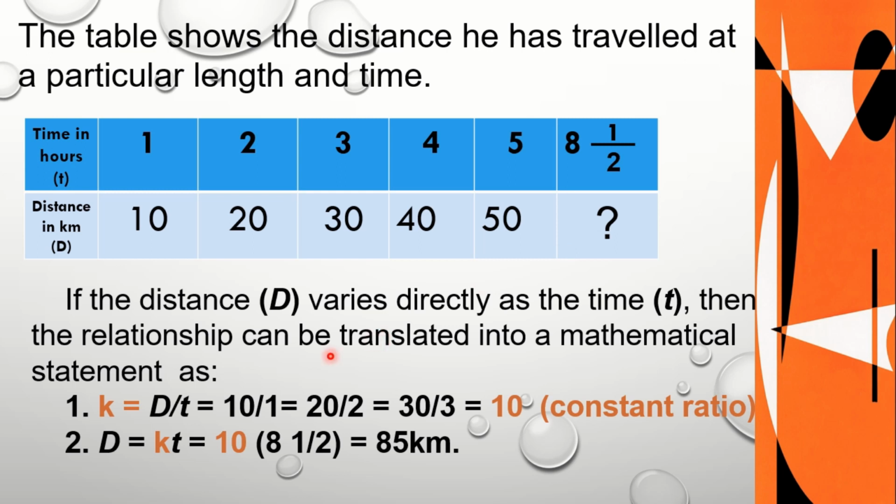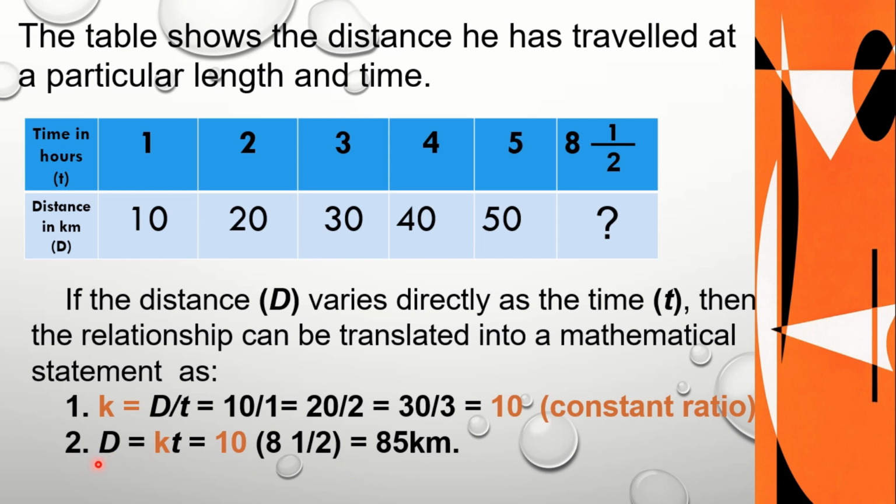So if the distance varies directly as the time, then again, we translate the mathematical statement as, 1, k is equal to d over t, or distance over time. So, kung i-divide natin yung mga set of values ng distance over the time, we have 10 over 1, which is equal to 10, 20 over 2 is also equal to 10, 30 over 3 is equal to 10, and so on and so forth. So, this is the constant ratio.